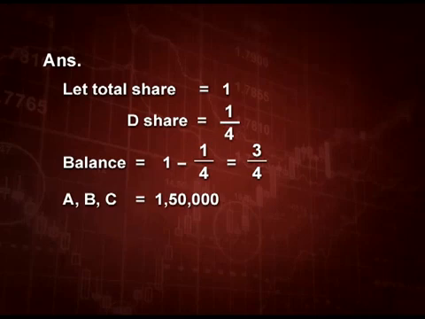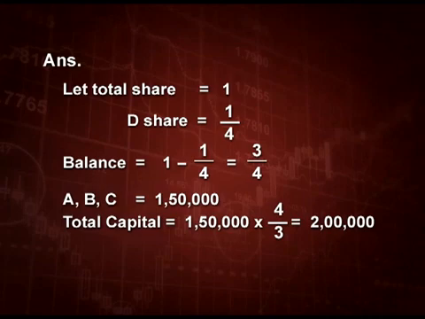How to calculate total capital? I told you the capital given into reciprocal, that is reciprocal of 3/4 is 4/3. This makes it 2 lakh. So, the total capital of the firm is 2 lakh.